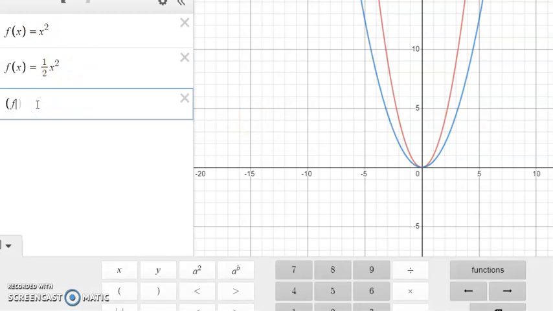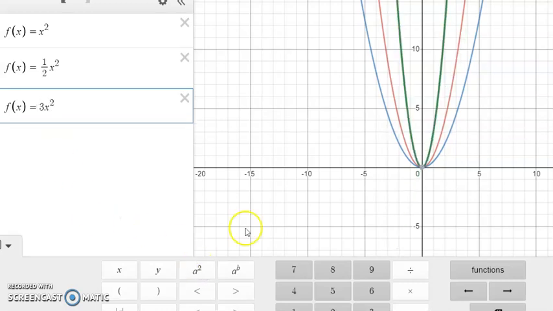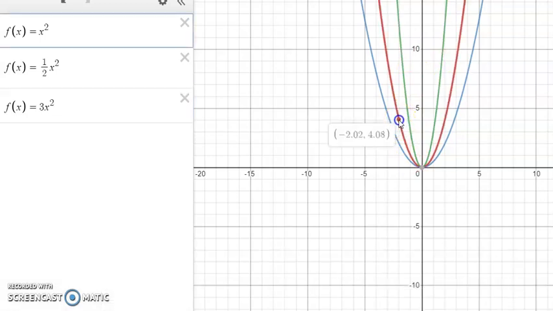And then we have f of x again equal to, this time, 3x squared. And this becomes long and narrow. This is because you're stretching. You're literally pulling on the graph. Remember that point I showed you before, -2 and 4?